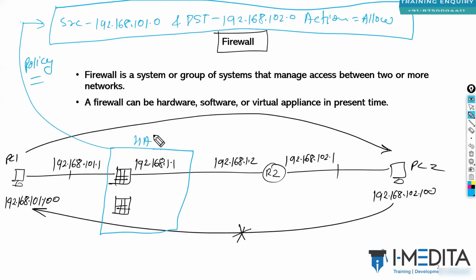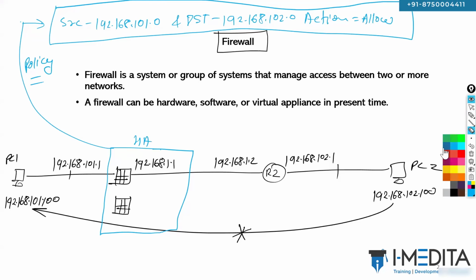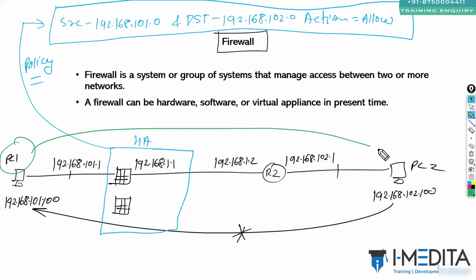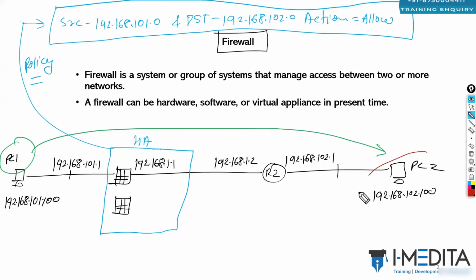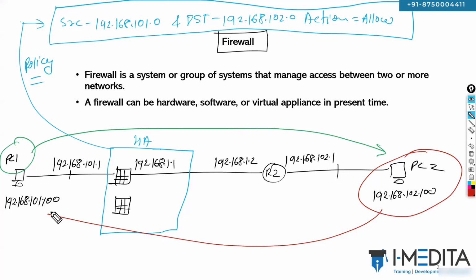Now, what will the firewall do? The firewall will allow PC1 to communicate with PC2, but the firewall will not allow PC2 to communicate with PC1. This traffic will be dropped by the firewall.